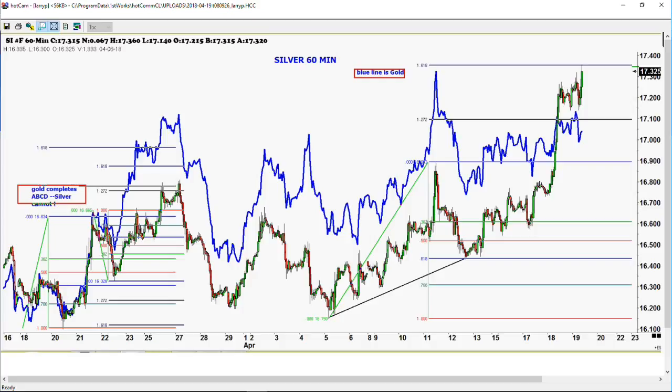If you'll take some time and study this hourly silver chart and go back to see how many other times some of these ratios have told us that there's some selling coming in, I think it would behoove you, because even though they don't work all the time, they work some of the time, and that is one of the key things that I think is very, very important as we look at some of these things here today.